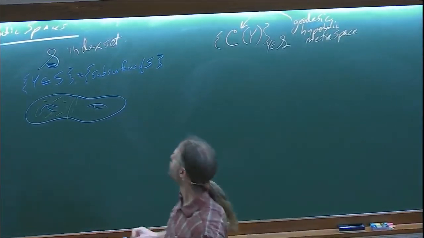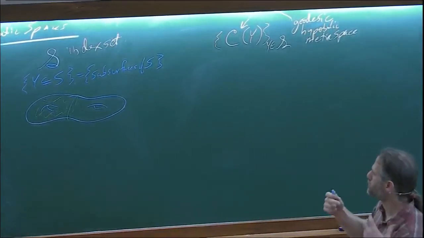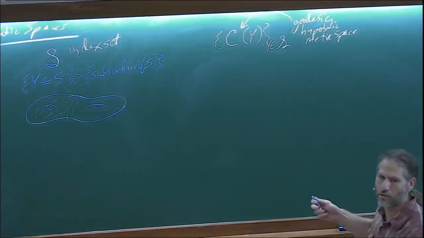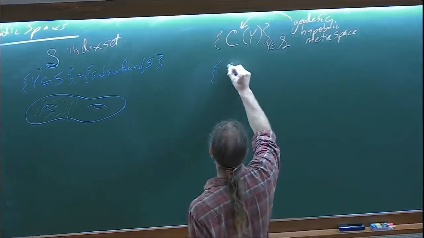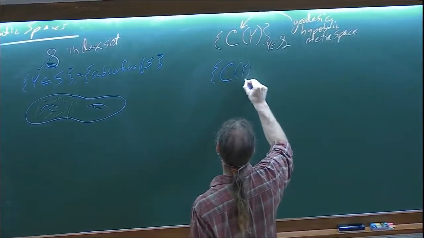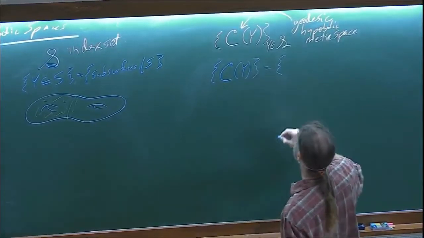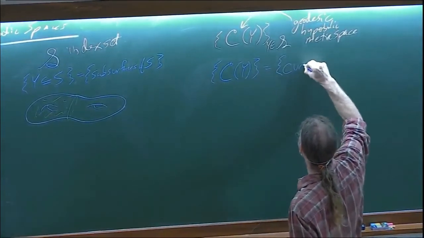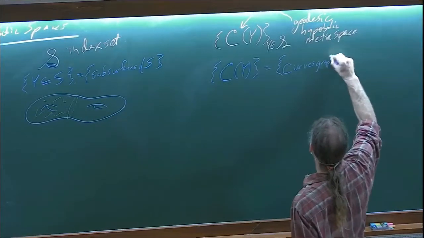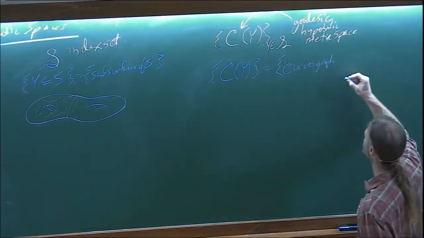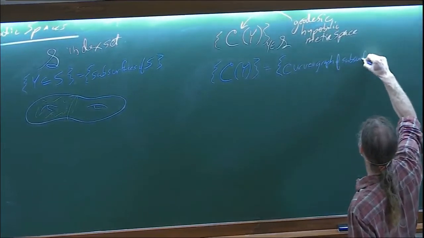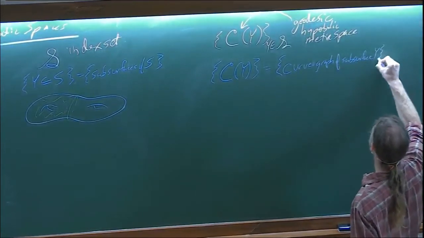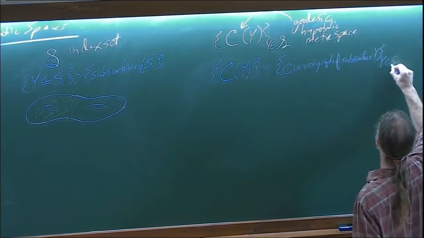In the general context, we use identical notation to the mapping class group context, where I call these C of Y. To write that in words, these are the curve graphs associated to subsurfaces, the curve graph of the subsurface Y, and you do that for every Y contained in or equal to S.